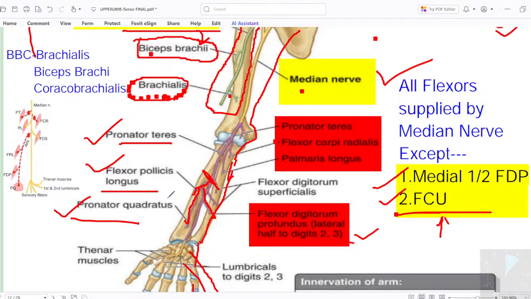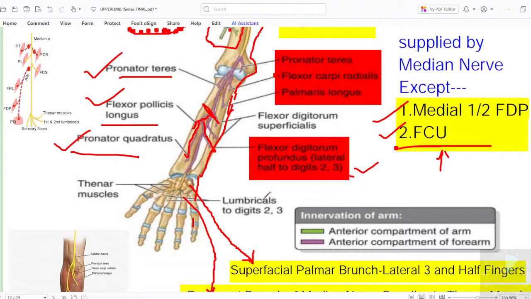So all the superficial and deep muscles in the flexor aspect of the forearm will be supplied by the median nerve, especially by the AIN, anterior interosseous nerve.